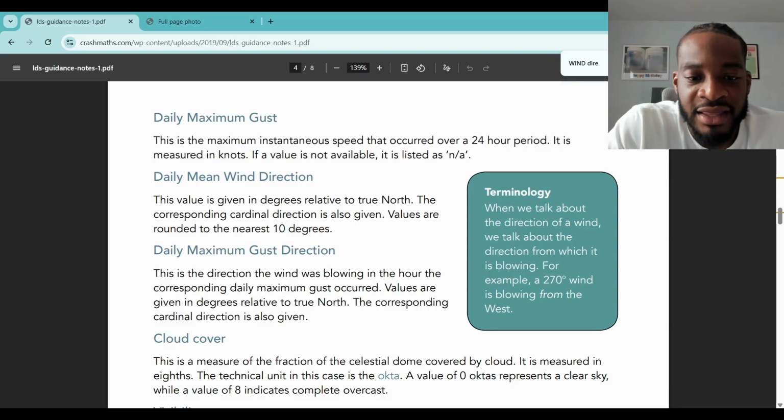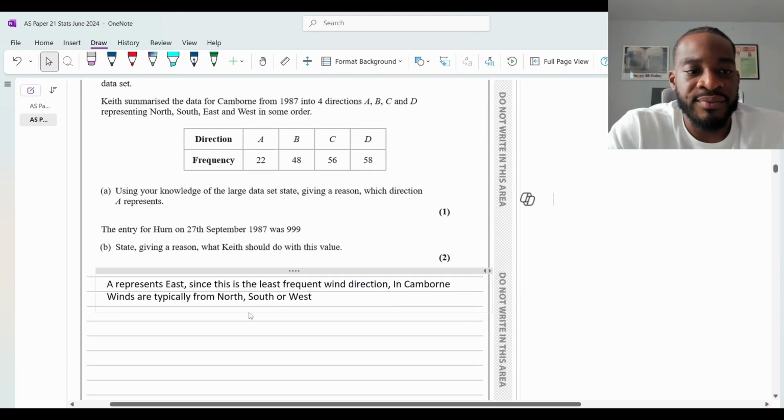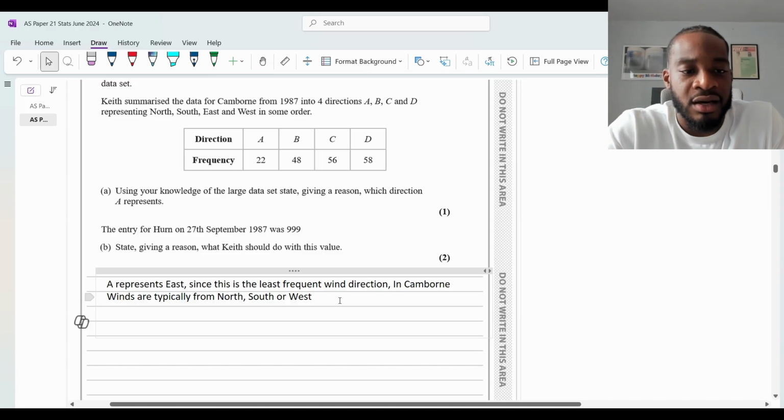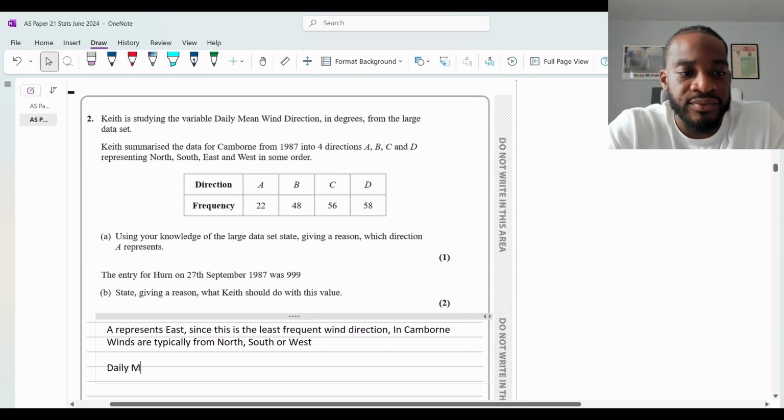So because of that, that value of 999 won't work, right? So what we're going to say for part B, state, giving a reason, what you should do with this value. So you're going to say daily mean, right?